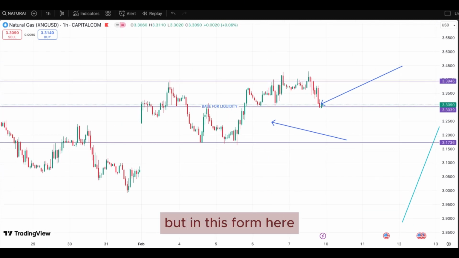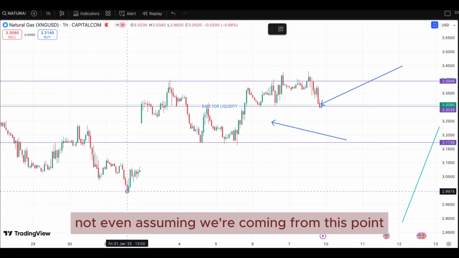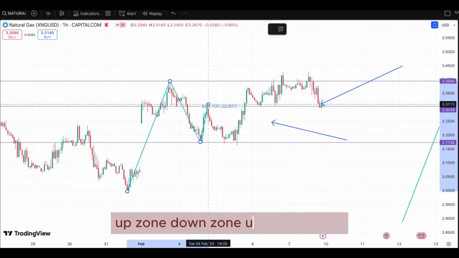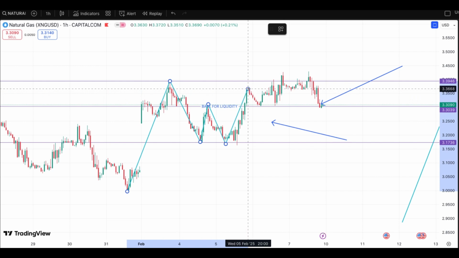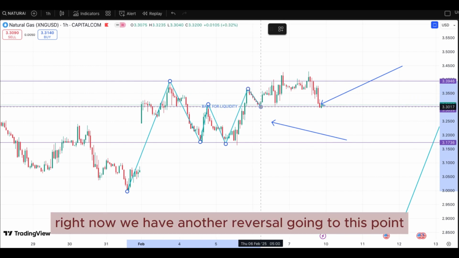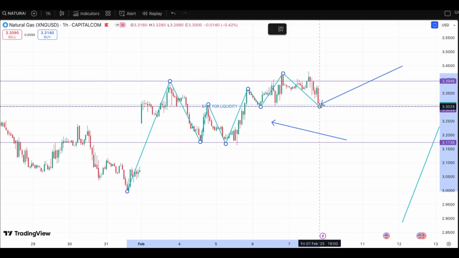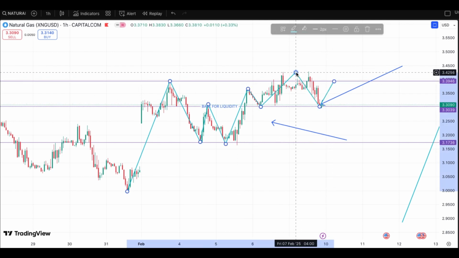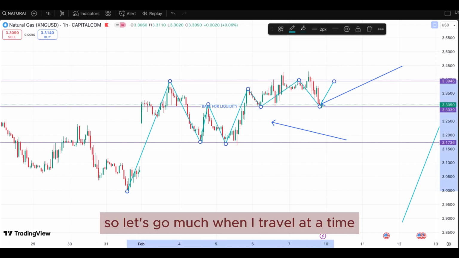But in this form here, it's quite different, because we're coming from this point, right? Now we have a retest of a down zone, up zone, down zone, up in this trend. Now we have another reversal going to this point, then another fall. Let me use this so that it matches what I drew the other time.